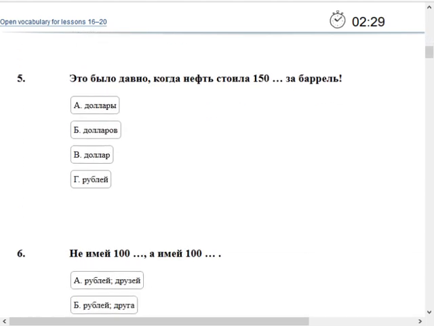Это было давно, когда нефть стоила... Okay, so here we have dollars, and once again we have the genitive plural. So this 150, a number like that, takes the genitive plural. And genitive plural of dollar is dolarov. There we go.